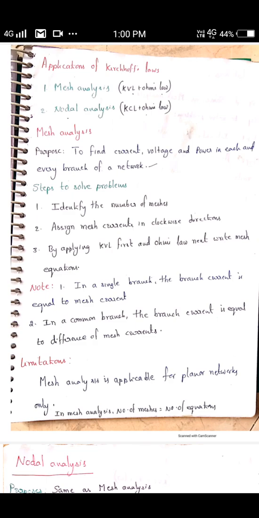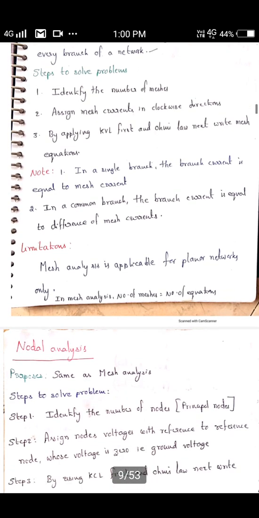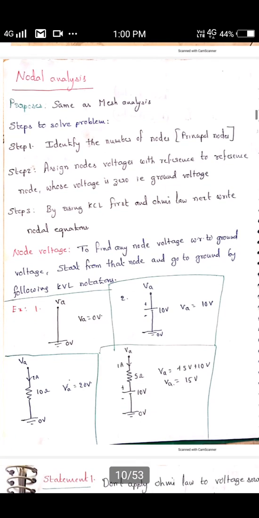Mesh analysis limitations we also discussed. This is the theoretical part of mesh analysis. Use this theoretical part to practice some problems, and you can get a complete idea about mesh analysis.